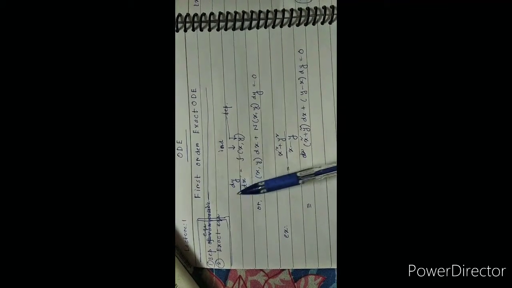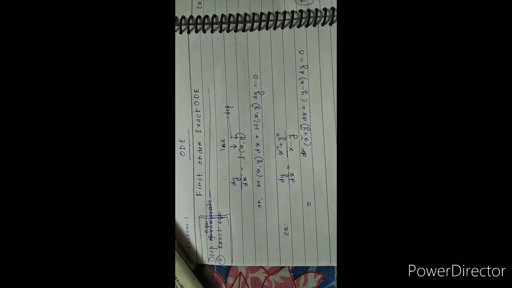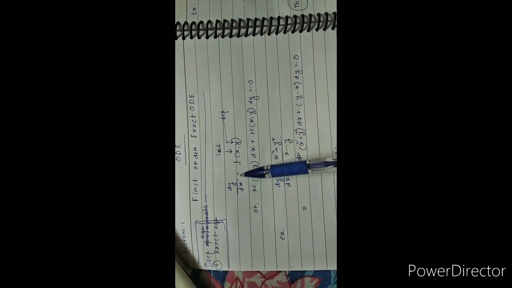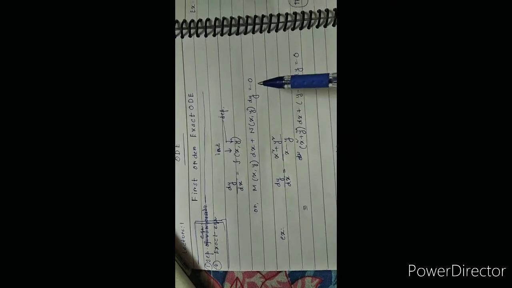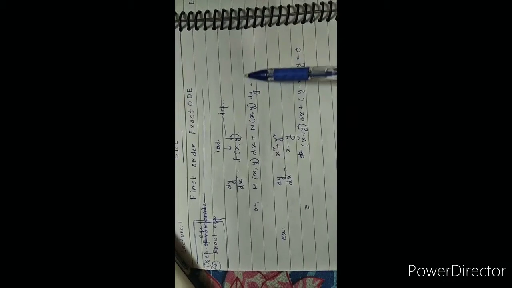Our task is to solve this type of equation, or to find which types of first order equations are exactly solvable by these methods. Sometimes you will encounter this type of equation, or sometimes such kind of equation. This is actually the differential form.